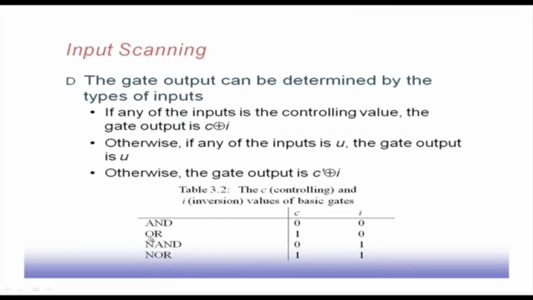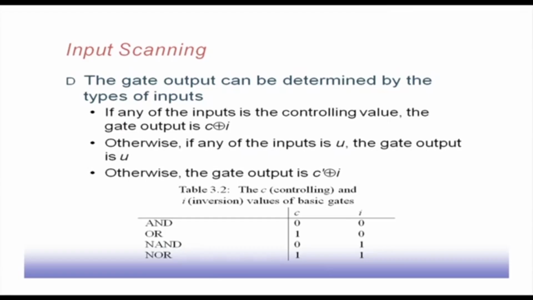So AND, NAND, NOR, these gates are shown capturing the logic values by means of the controlling and inversion values. I do not need to store the truth table. For every type of gate I need to store the controlling value and the inversion value, and by applying these 3 rules we can find out the corresponding value.